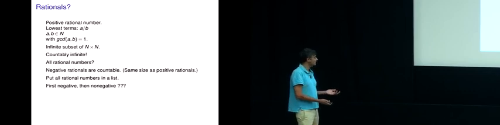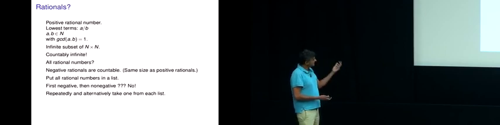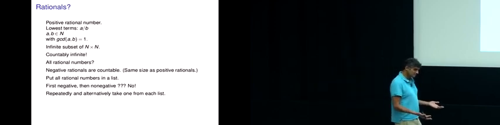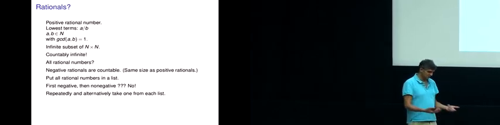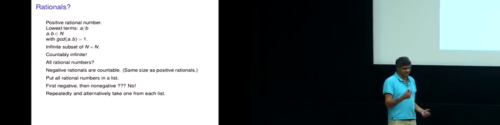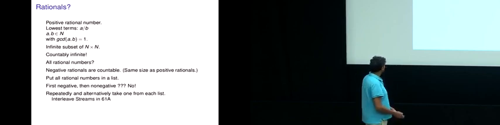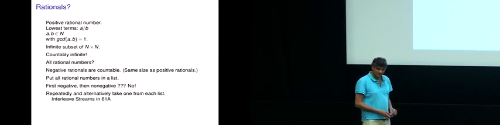You just say, well, I have two lists, the positive rational numbers and negative rational numbers, and both are countably infinite sets. Now I can take the first one from one, the first one from the other, and I have to interleave them. So this is interleaving streams again.